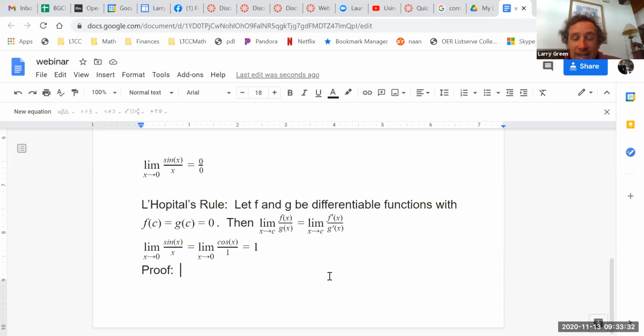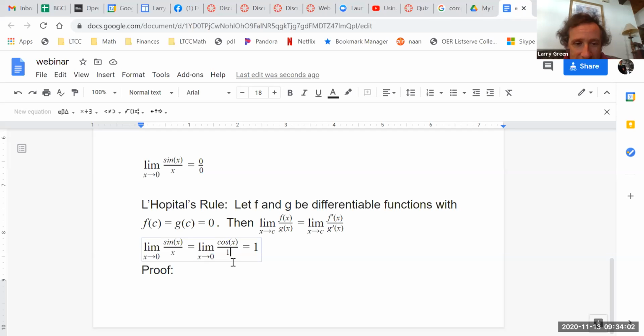For anything, nothing about limits, just in general. Any ideas? One choice is you start with the left-hand side, and then you show it's equal to the right-hand side. The other choice is you start with the right-hand side, and you show it's equal to the left-hand side. Do you all agree that that's the same thing? So I'm going to start with the right-hand side, and we'll get to the left-hand side. So let's do it.